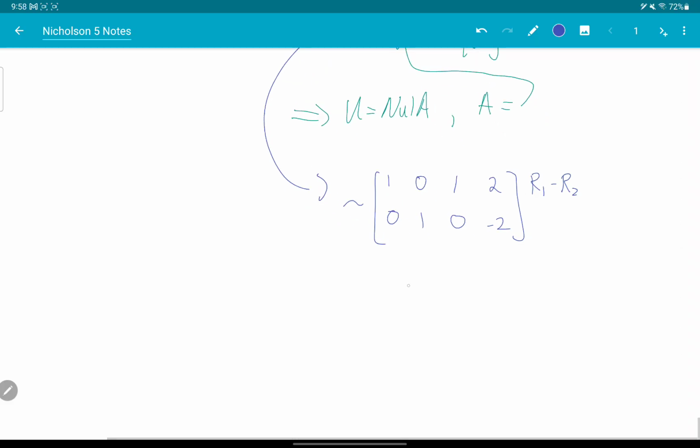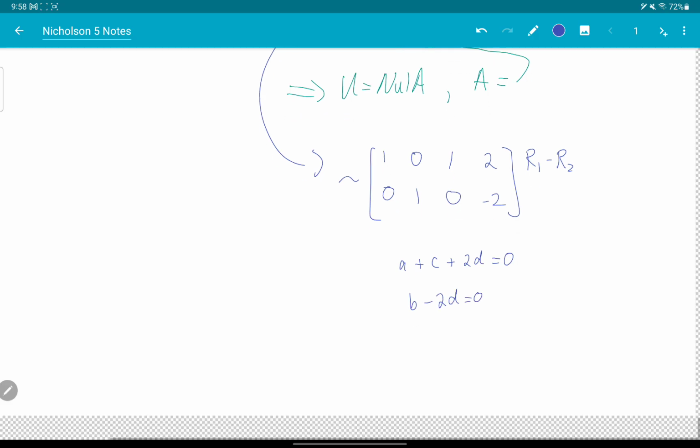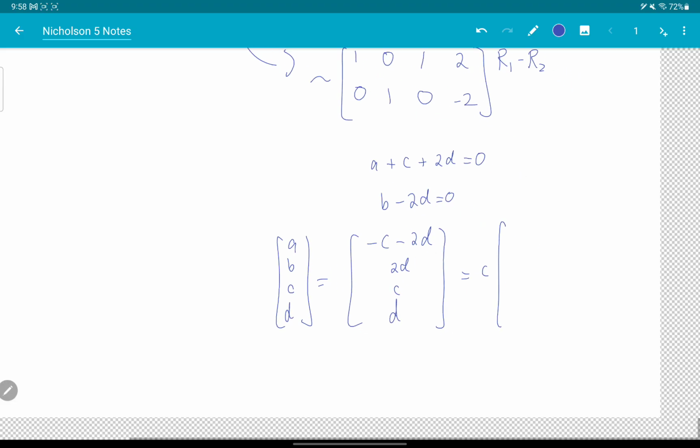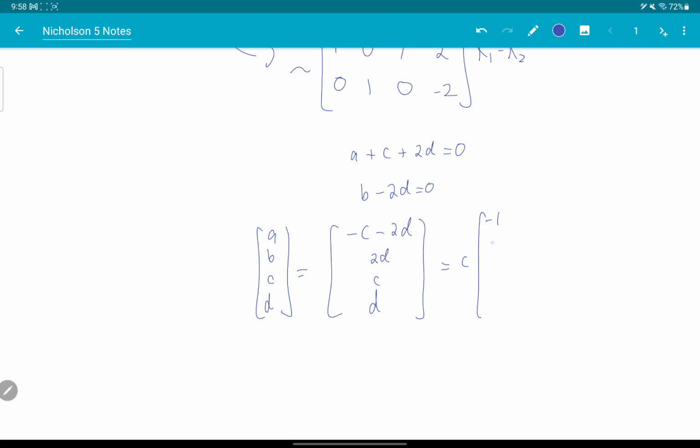So I get A plus C plus 2D is equal to 0. B minus 2D is 0. Plugging this into my generic vector A, B, C, D, I get minus C minus 2D, 2D, C, D. Hopefully not making any mistakes here, but you can let me know if I'm dropping the ball here.